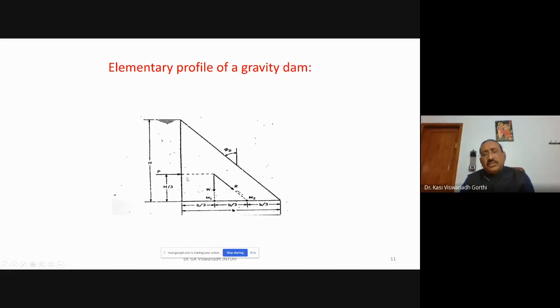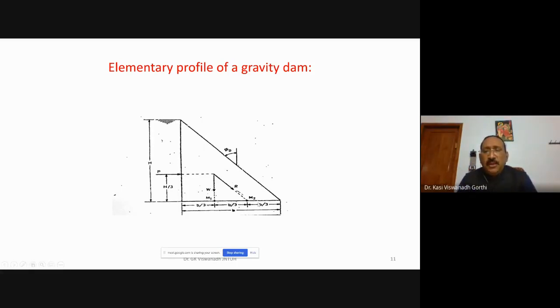There are two forces, so the resultant of these two forces may be acting like this. This practical profile should become safe, provided the resultant passes through the middle third of the base. That means the central B by 3 portion through which the resultant must pass.